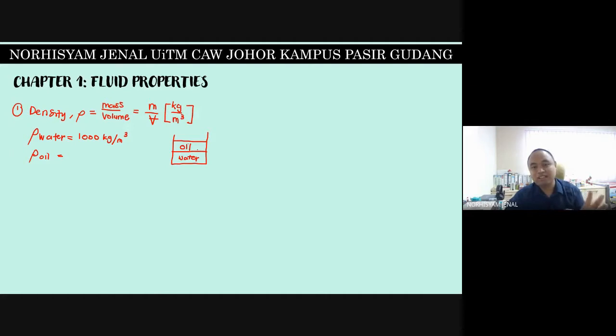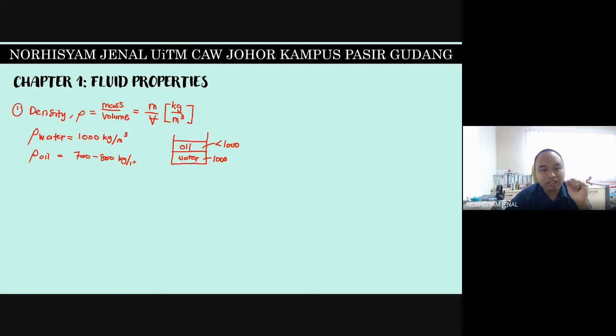If it is denser, it means the number will be higher. So water is 1,000 over here. So it means that if you are talking about the density of oil, it should be lower than 1,000 because it is floating on top. So based on this, the number for density for oil is actually around 700 to 800 kilogram per meter cube.